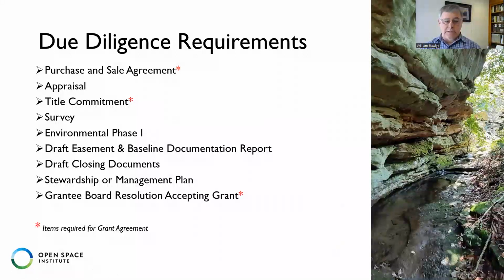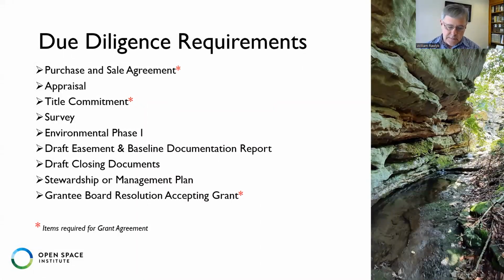This just goes into a little more detail on our due diligence requirements. The checklist really gives a comprehensive list of all steps and items required for closing. And there are a number of due diligence items that will be familiar to anybody who does land deals, like title, survey, and environmental assessment. I won't go into detail on those.